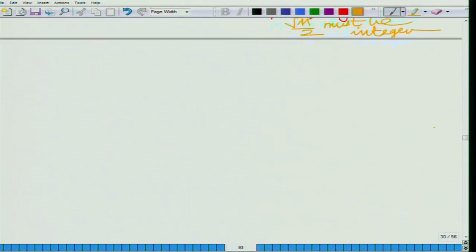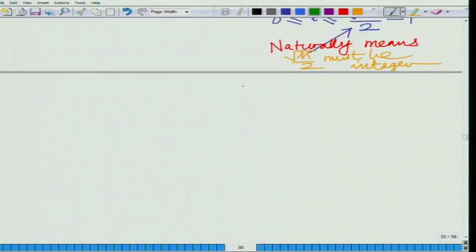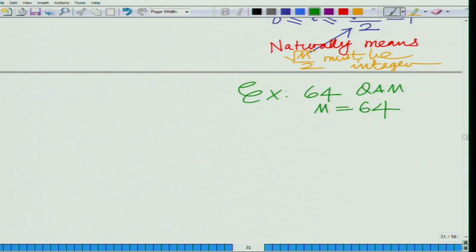For example, we have 64 QAM, that is M equal to 64, square root of M equal to 8, square root of M by 2 equal to 4, which is an integer.